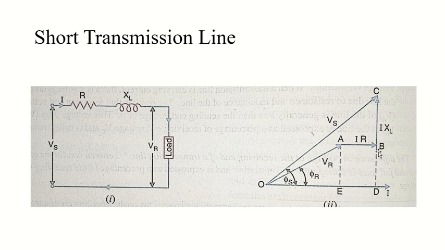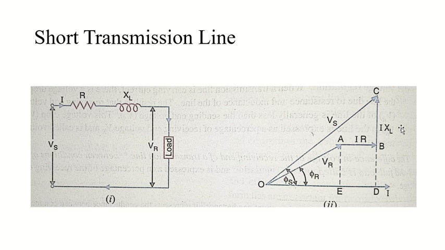Then here you can see BC. It is nothing but the inductive drop. And whenever we consider an inductive drop, it leads the current by 90 degrees, so see here, we have a 90 degree angle.